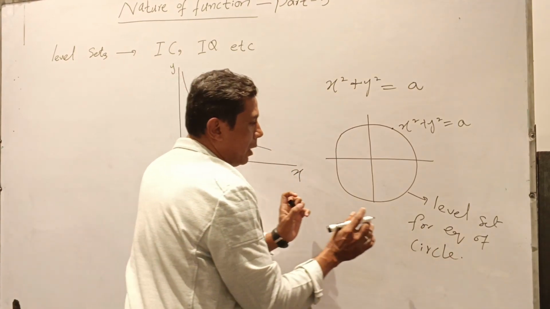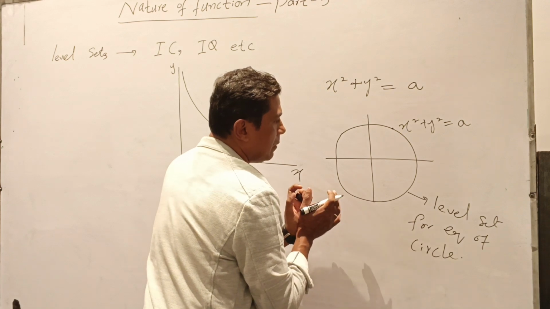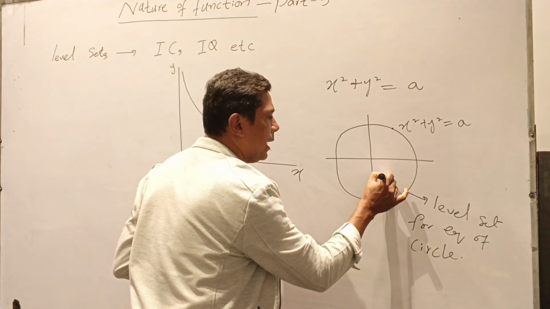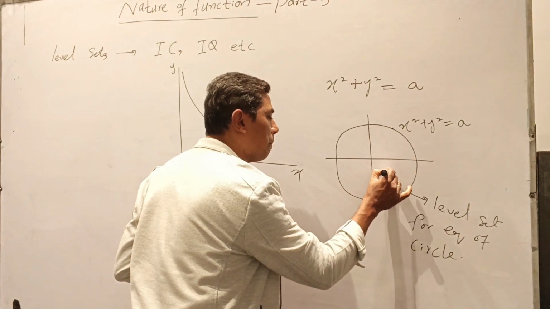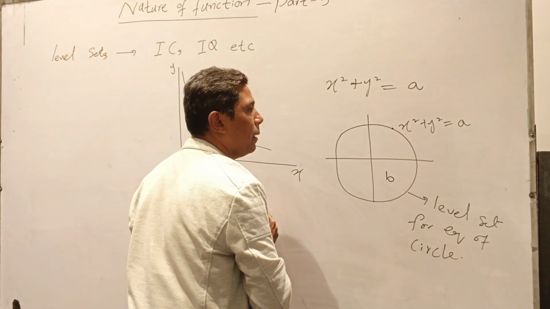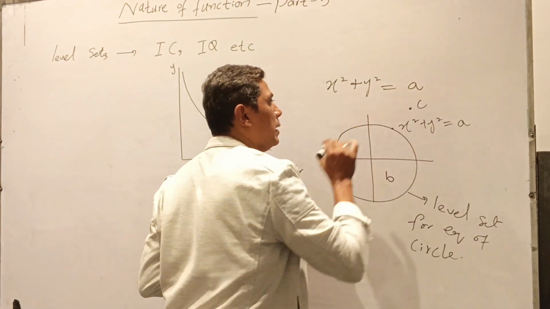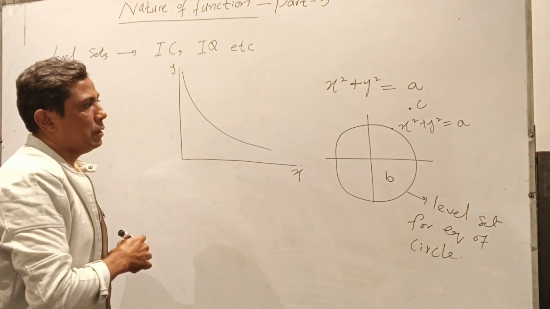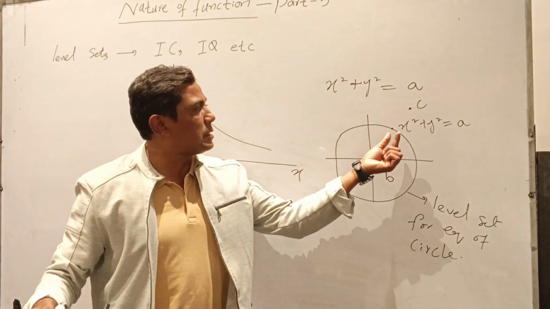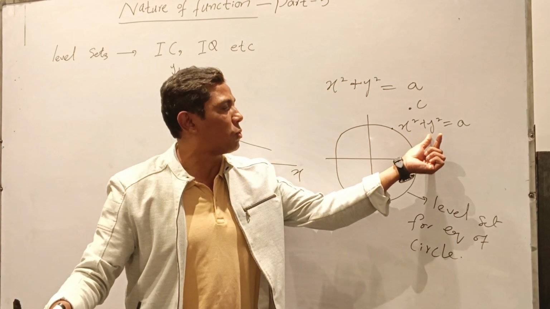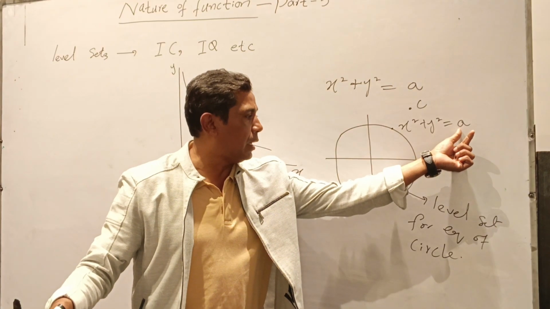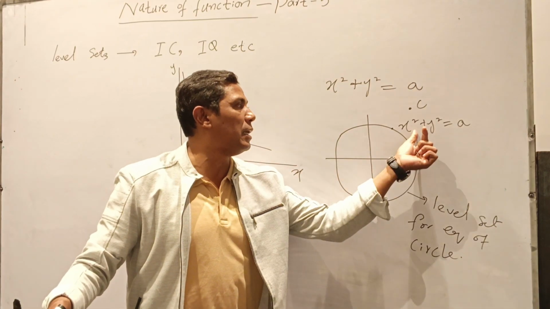Now for the equation of circle, let's say we have another value, b, here, and one value, for example c, in this direction. So we can say x square plus y square equal to a. The value of b is less than a.